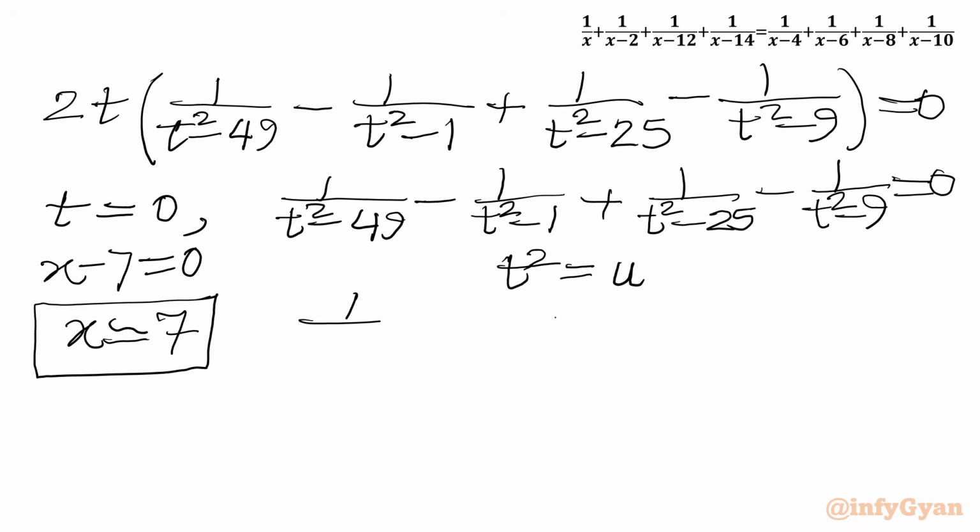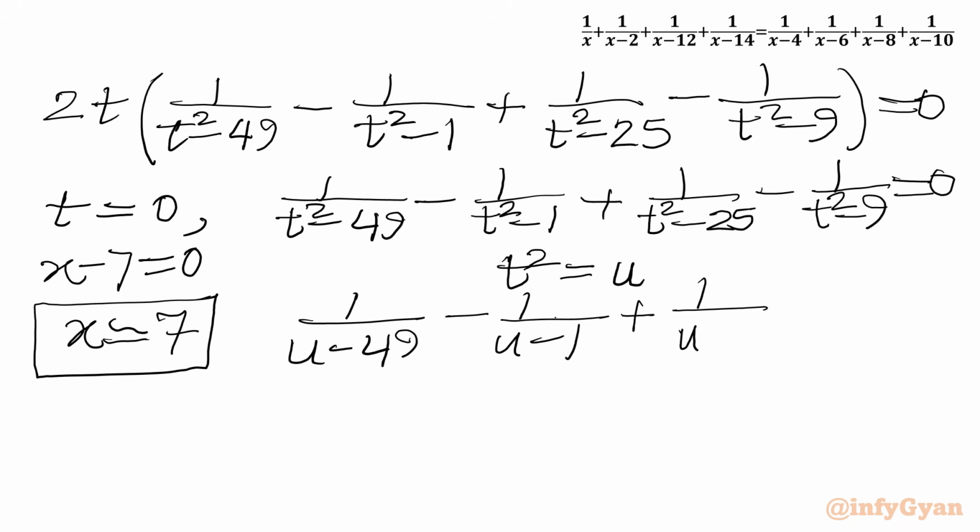So we will write the equation 1 over u minus 49 minus 1 over u minus 1 plus 1 over u minus 25 minus 1 over u minus 9 equal to 0.